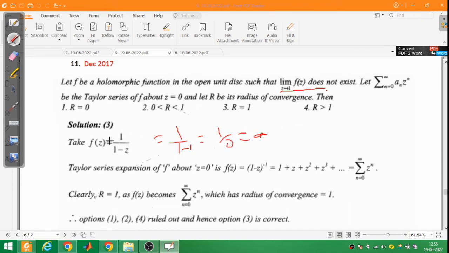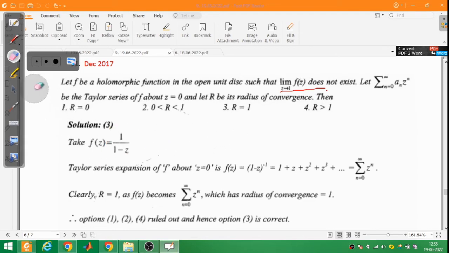It does not exist. Okay, this condition is satisfied. And also this function is holomorphic except at z equal to 1. Yes, it is a holomorphic function except at z equal to 1. Are you clear now? Yes, sir.